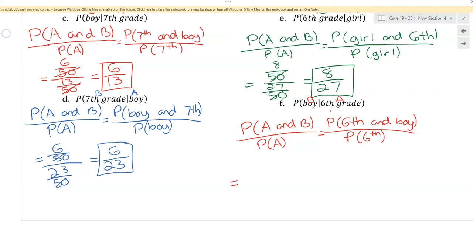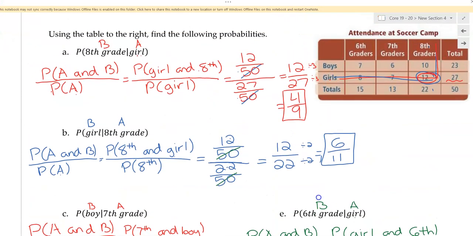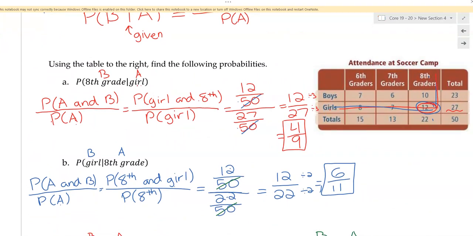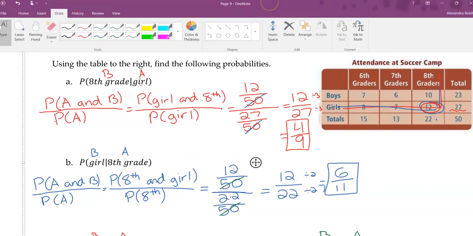If we look at our table, for boy and 6, or 6th and boy, there are 7 of them.